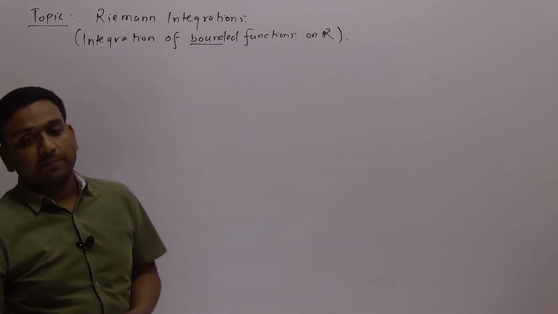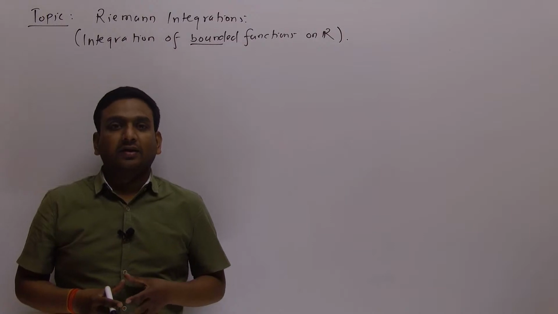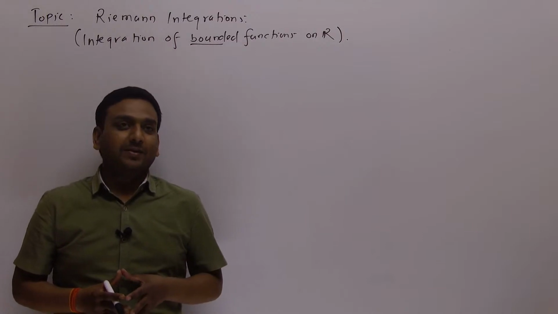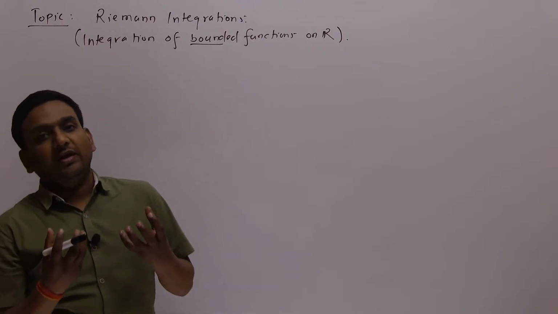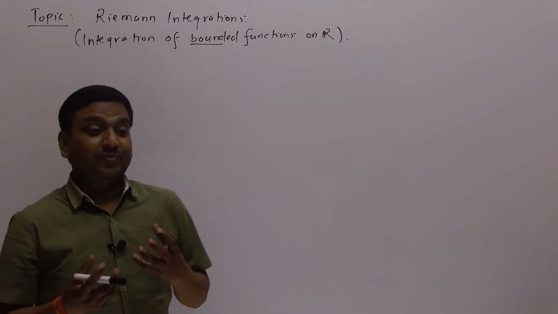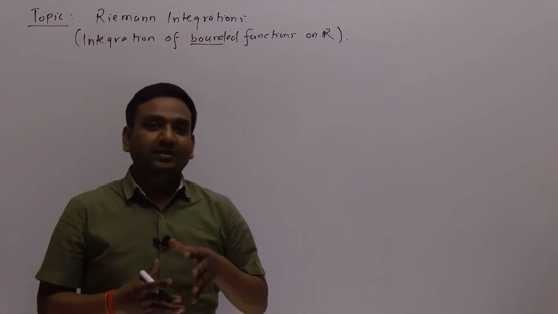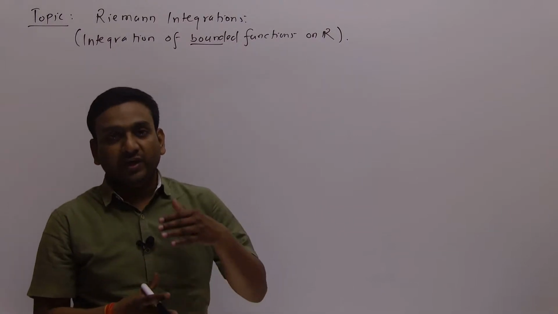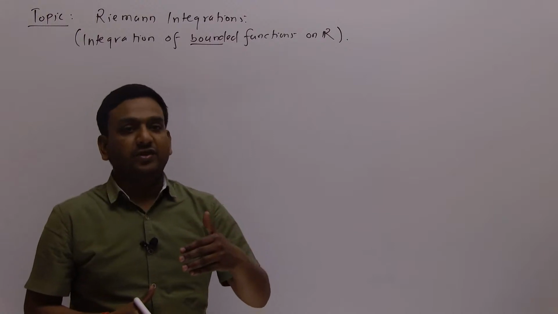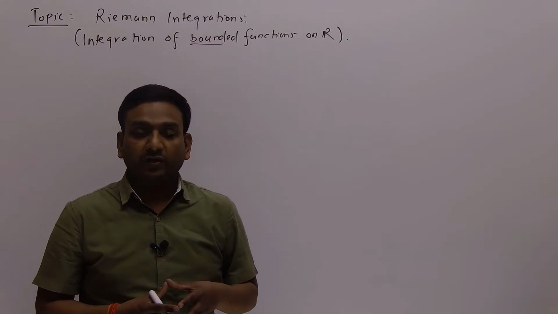When you start studying integration, the fundamental is the Riemann integration, and what you have been doing from your 11th standard is basically an application of that. When a function is Riemann integrable, then you talk about integrability.